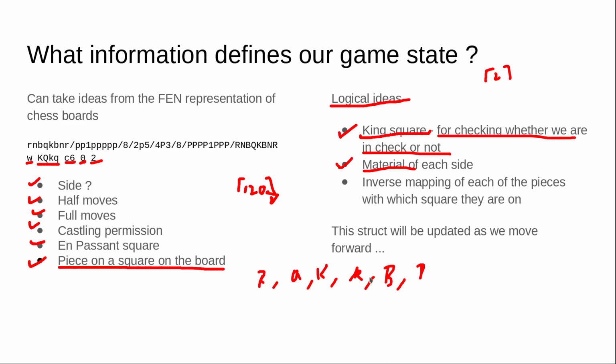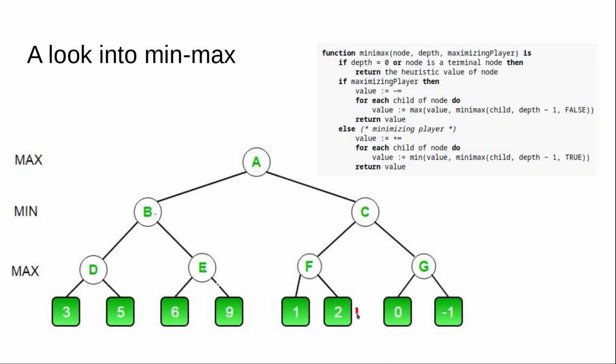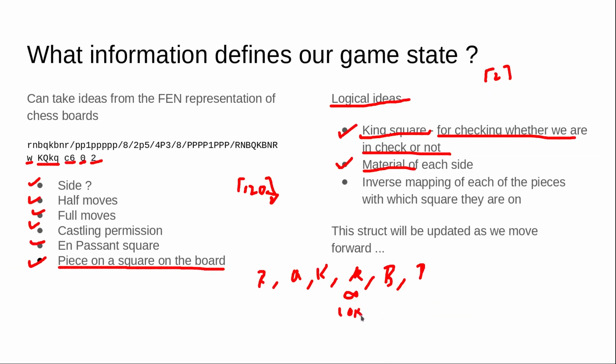A king is worth around infinite, or we usually say it is worth around 10,000, 10K.